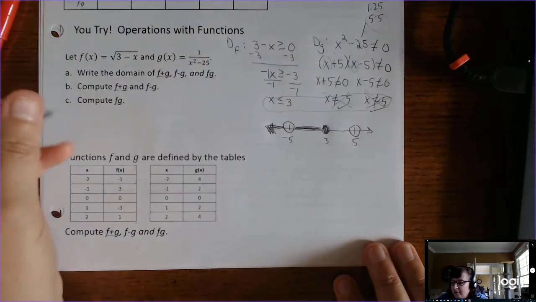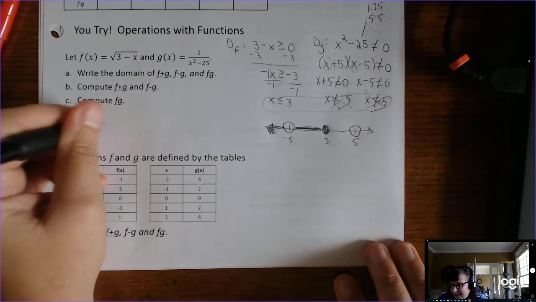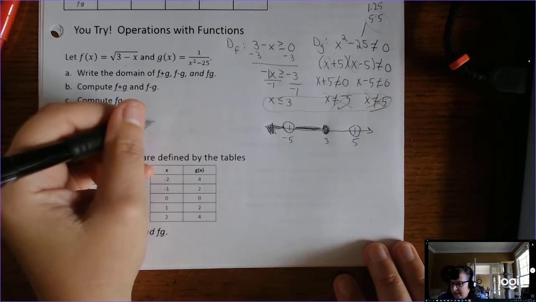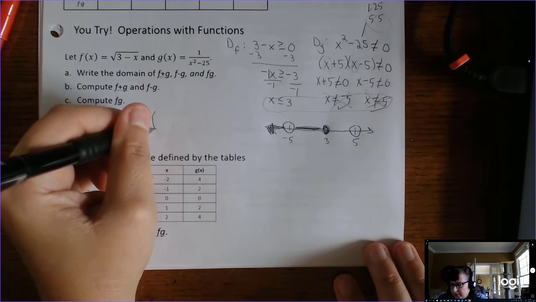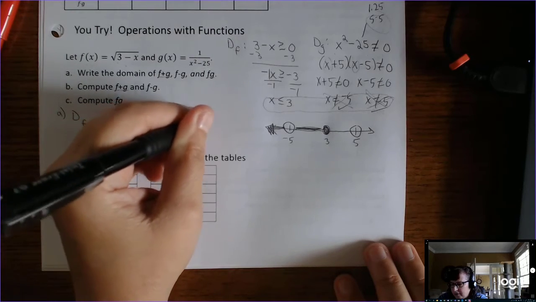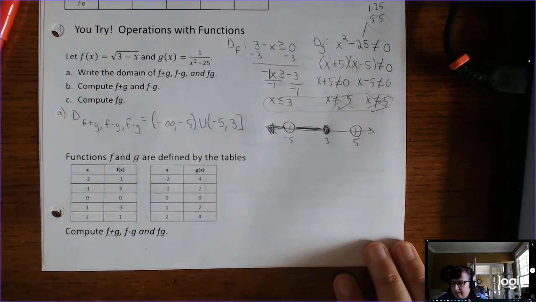So our domain of f plus g and f minus g and f times g, because it's always the intersection, is, start left to right, parentheses, negative infinity to negative 5, parentheses, union, negative 5 to 3, bracket.